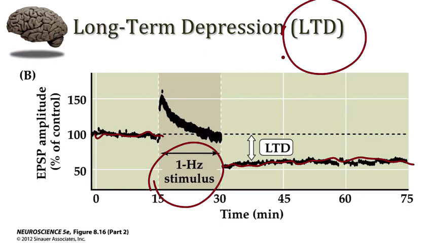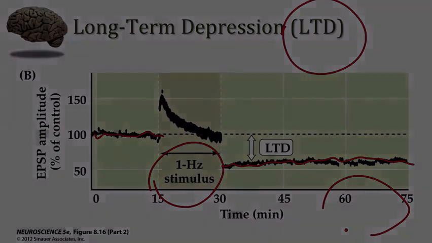Like long-term potentiation, long-term depression can be measured for very long periods of time, beyond the hour or so that is used here in this experiment. So long-term depression can last for days, for weeks, for months, as best as we have observed in our animal model work. We think, like long-term potentiation, this is a very important means of modifying synapses across a lifespan.